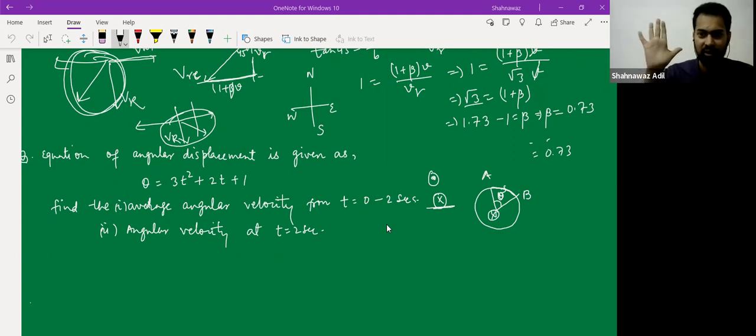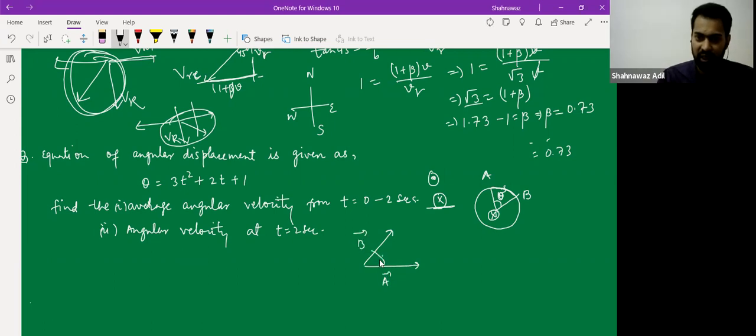This is your palm and you start from one end and you go to the other end. Whichever direction your thumb points out, that is the direction of whatever you are calculating, right? So for A cross B, let's say you have a vector A and vector B, right?